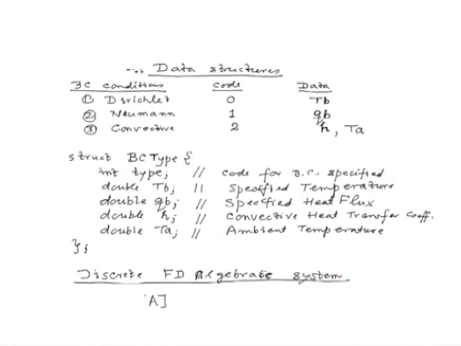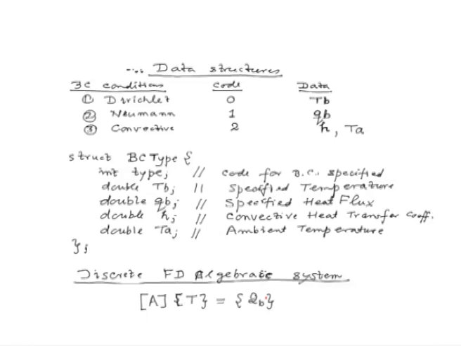So it was given by A into T, where T stands for the temperature at the nodes, is equal to QB, which is the right hand side.